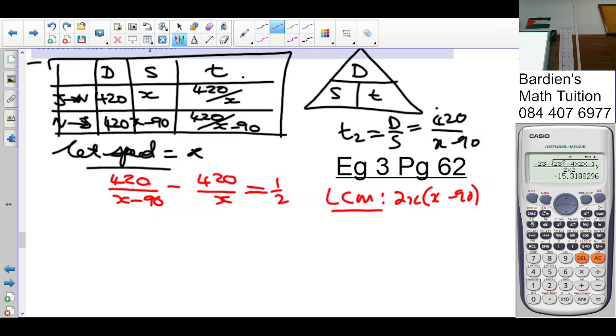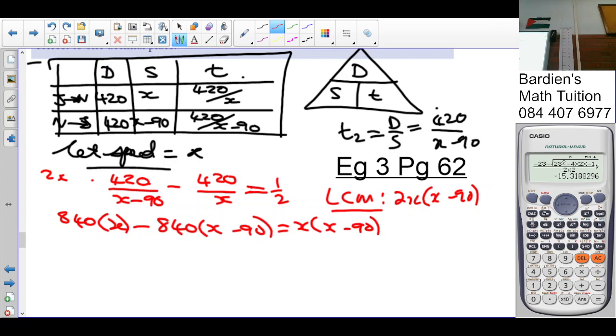So this here must be multiplied by 2, so it's 840 into x, not so. So this must be multiplied by 2, which is 840 into x minus 90, and this must be multiplied by x into x minus 90. So that's going to give you 840 minus 840x, minus 840x is gone. So 0 is equal to x squared minus 90x.